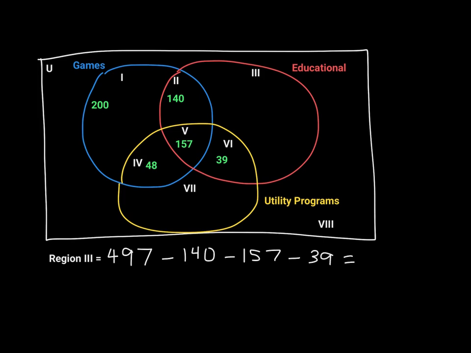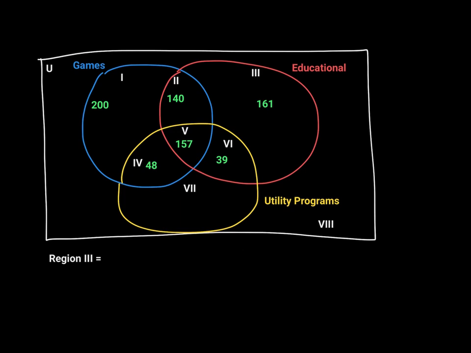So we don't want to count those customers again, right? So in region 3, we have 497 minus 140 minus 157 minus 39, which leaves us with 161 customers that purchase educational software only.